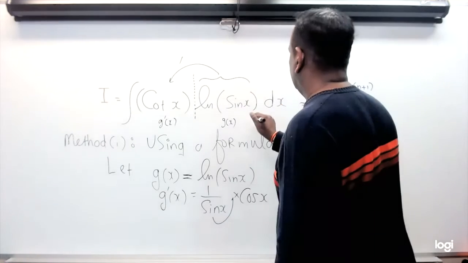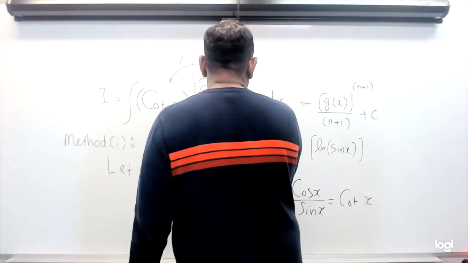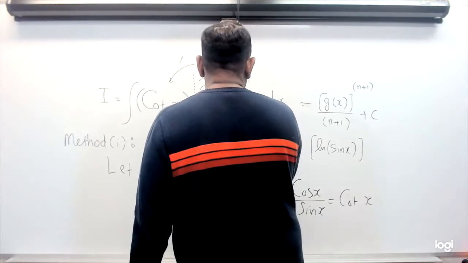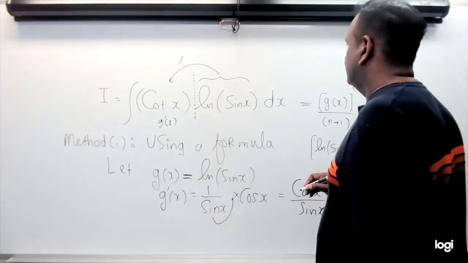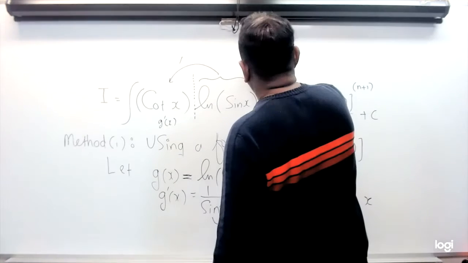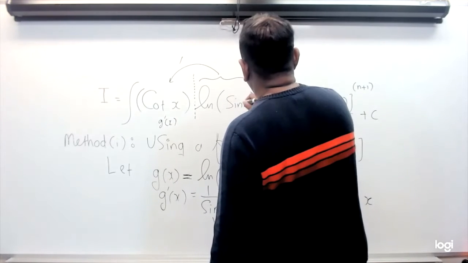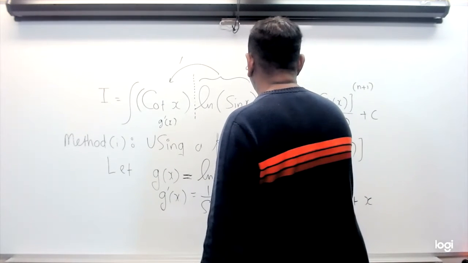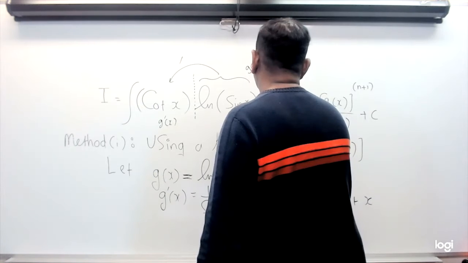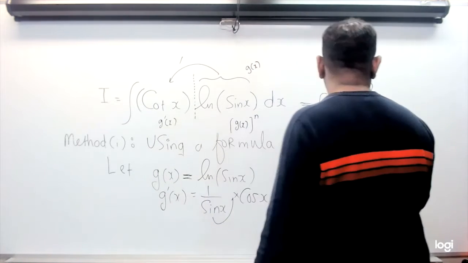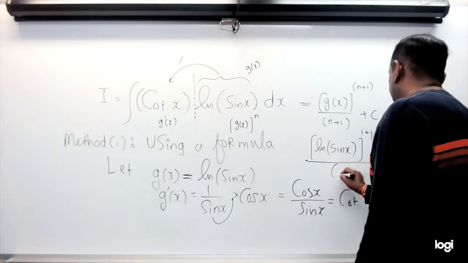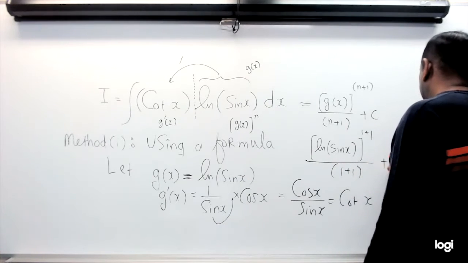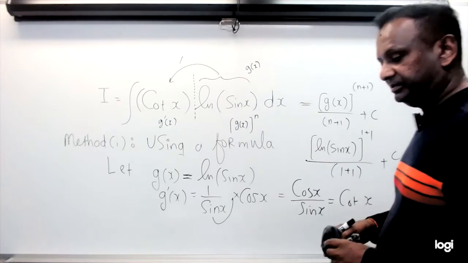To the power of, in the beginning, your n is how much? It should be in that format. This is g of x, but it's in g of x to the power of n format. n is 1. You're going to add another one, then 1 plus 1, plus c.